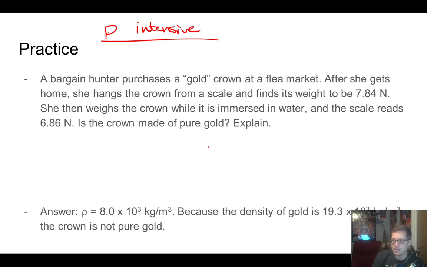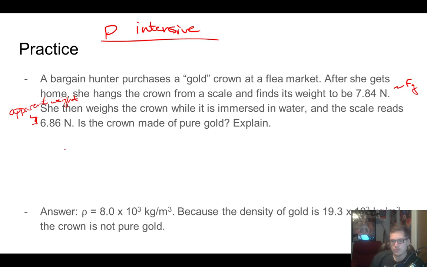All right, so we can find the density. So what do we have here? We find its weight, so this would be the force due to gravity. And then while it is immersed in water the scale reads this, so this is the apparent weight, right? Is the crown made of pure gold?